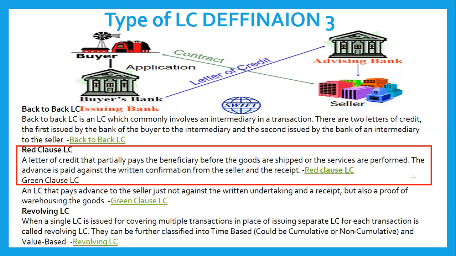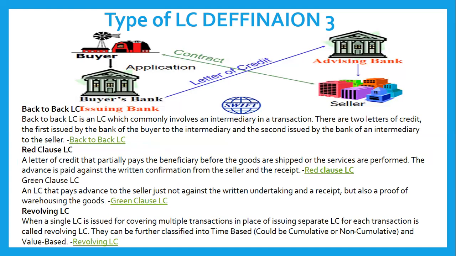An LC that pays advance to the seller not just against the return undertaking receipt, but also against proof of warehousing of the goods. Warehousing goods proofs can be shown in such cases.